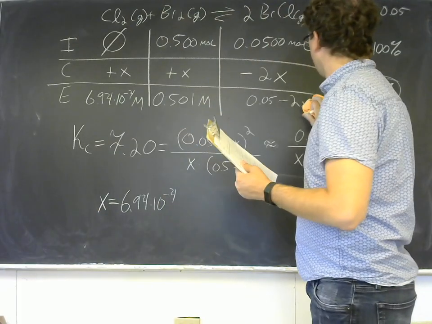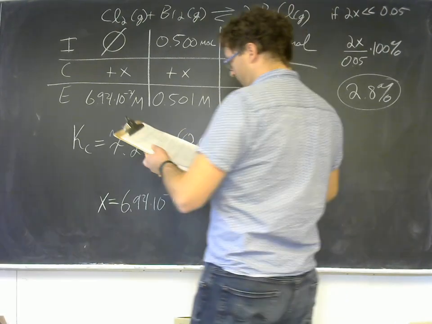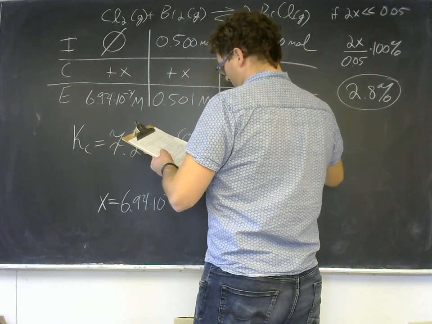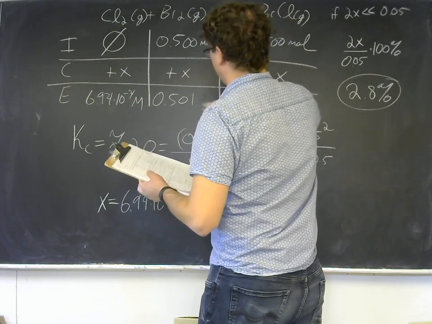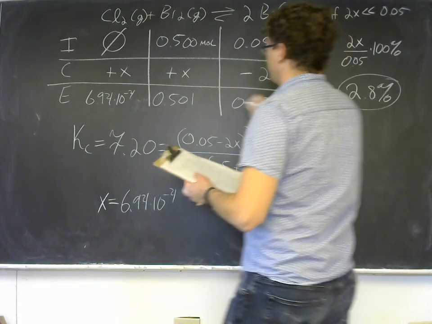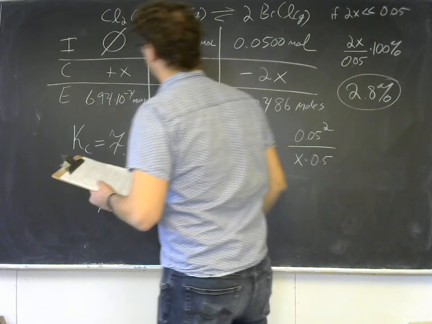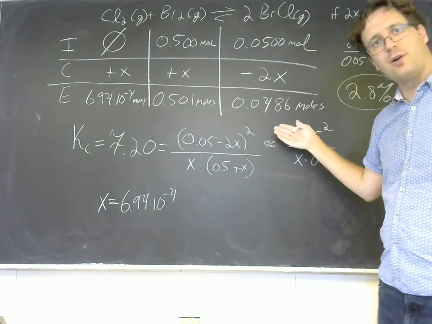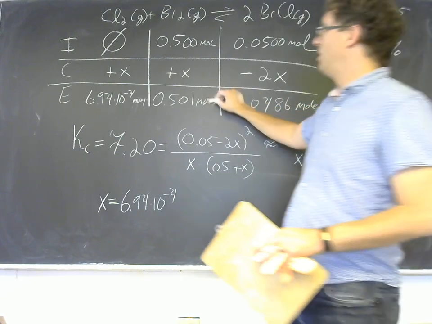And then 0.05 minus 2x is going to give us 0.0486. Oh, and these aren't concentrations, these are just moles. Moles. We could turn these into concentrations if we knew the volume. The question didn't give you a volume, so these are just numbers of moles.